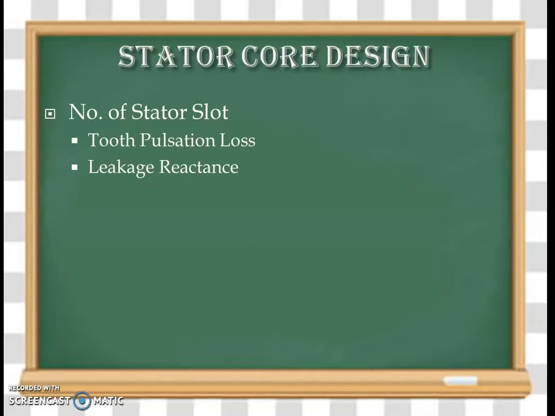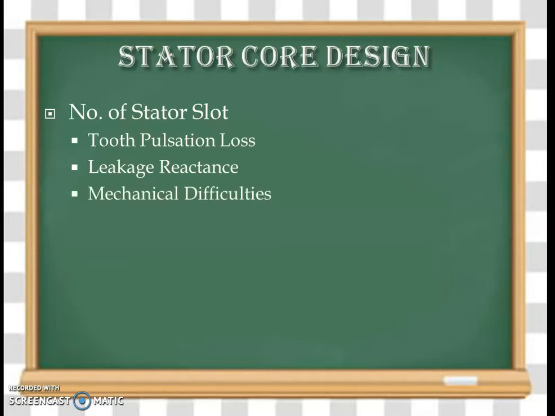Some of the factors indicate that we should consider a larger number of slots and some of the factors will indicate that a larger number of slots have certain disadvantages also. We have considered tooth pulsation loss as well as leakage reactance. In both cases, it indicates that a larger number of stator slots is an advantage.